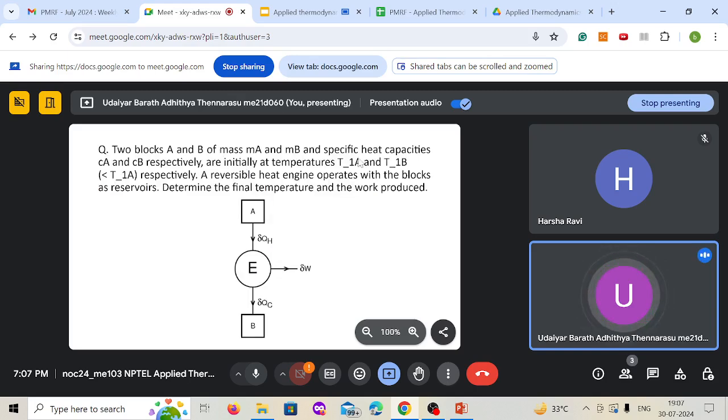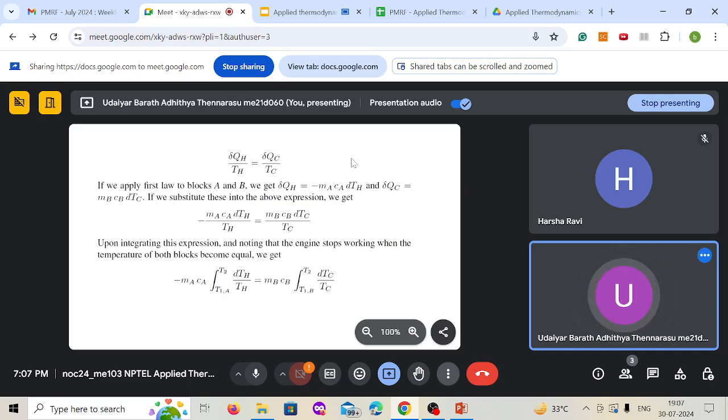Initially it is at T1A, but the temperature will reduce and it will come to some equilibrium temperature where no work is generated. So TA and TB are equal, there is no heat transfer and no work is generated. So for a reversible heat engine, delta QH by TH equals delta QC by TC.